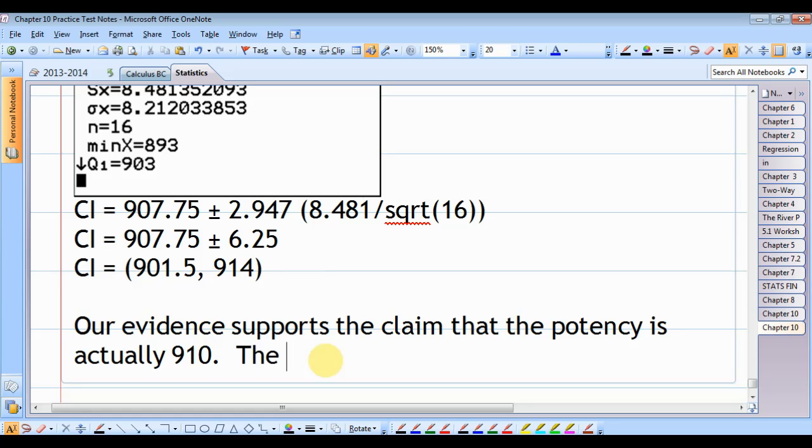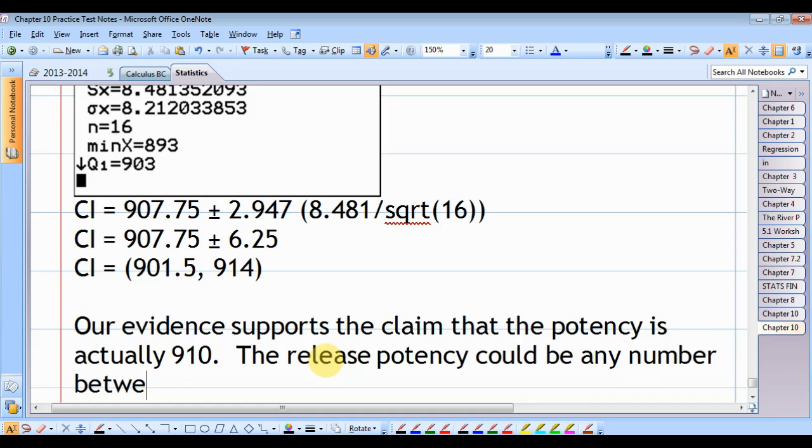Okay, the release potency could be any number between 901.5 and 914.